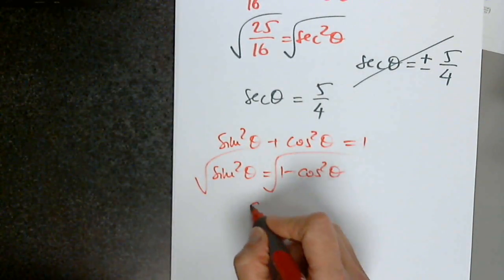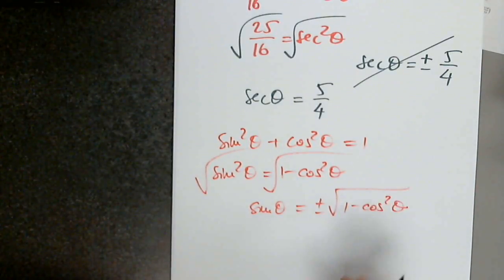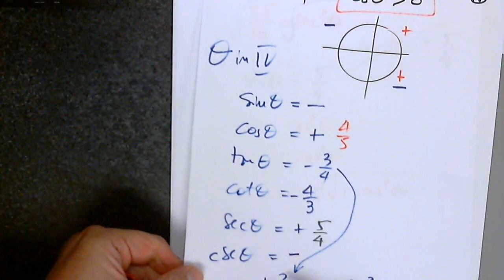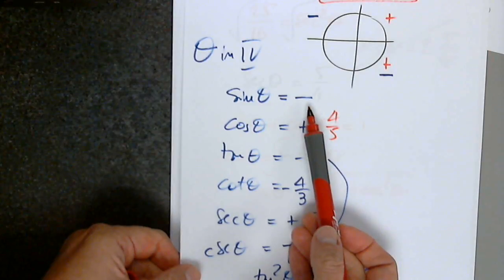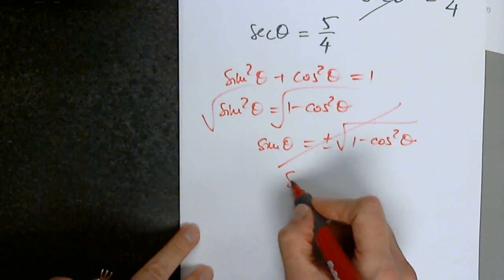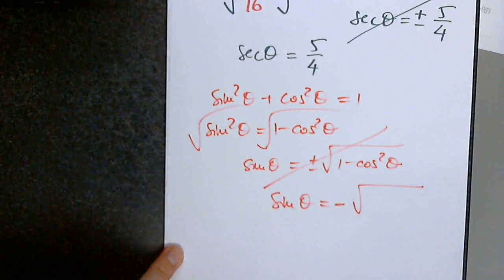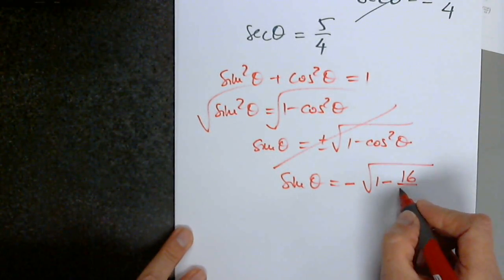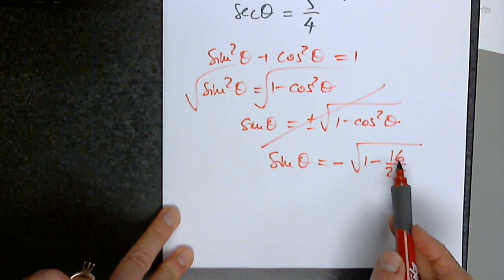Like before, I get square root plus or minus this. Now I have already established from the very beginning, so I don't make a mistake, that sine must be in the fourth quadrant, must be negative. So I'll say only sine theta equals negative the square root, and I have cosine, which is 4/5, 1 minus 16 over 25. It's 25 minus 16.